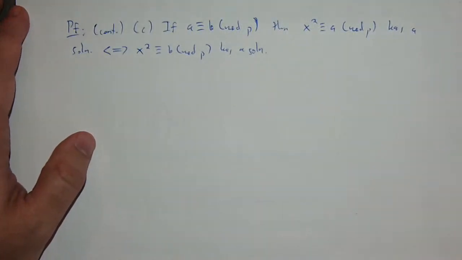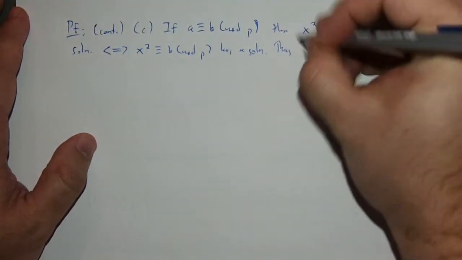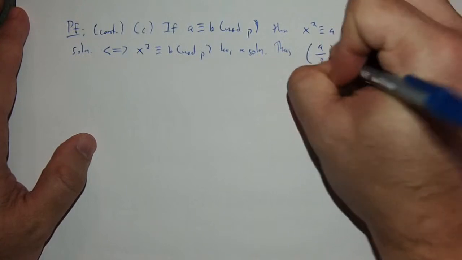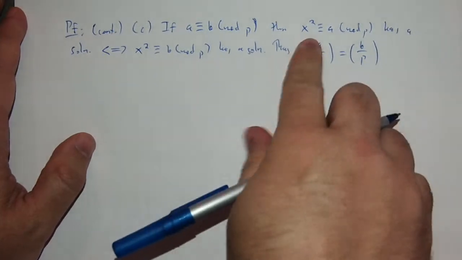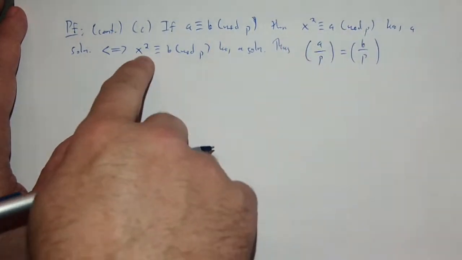Thus, A on P has to be equal to B on P. If A is a square mod P, then so is B.